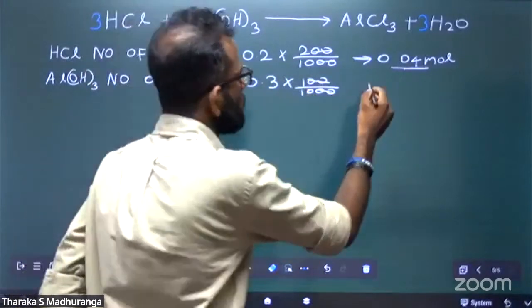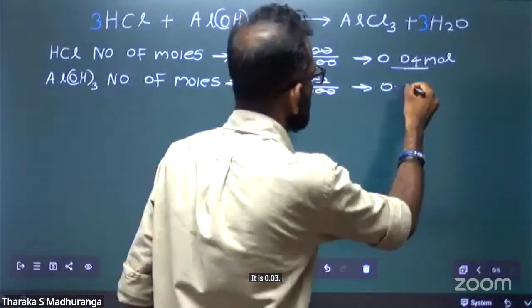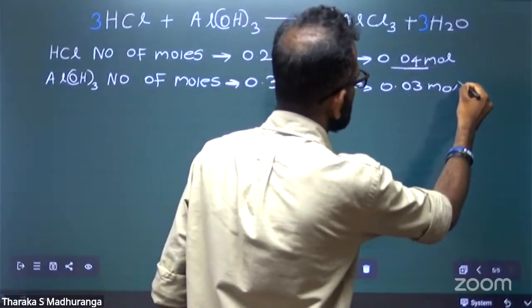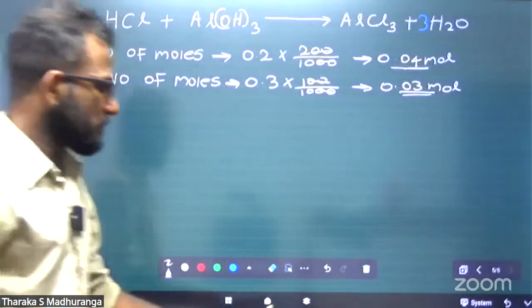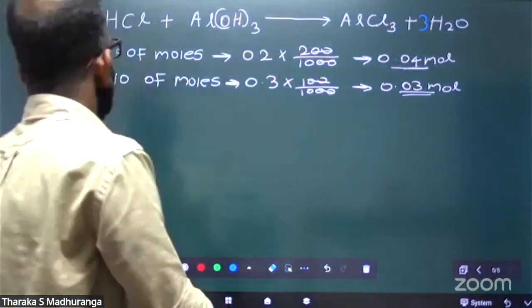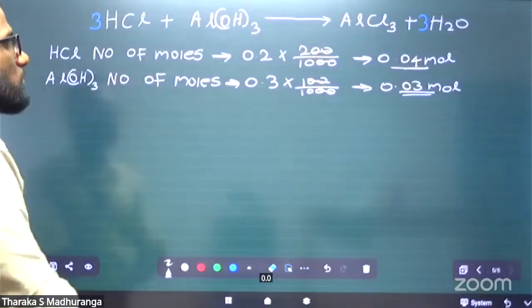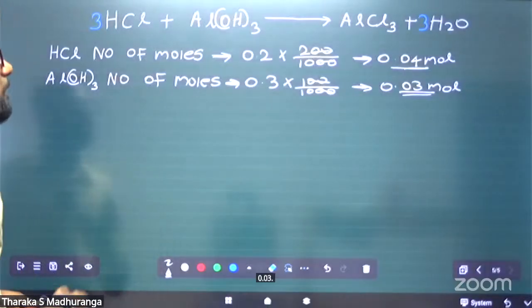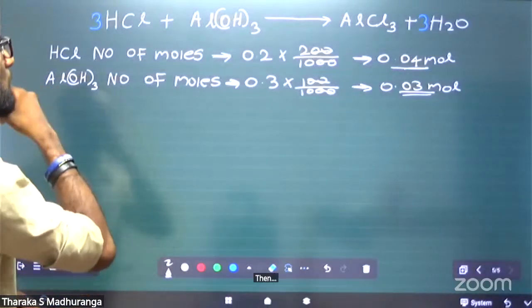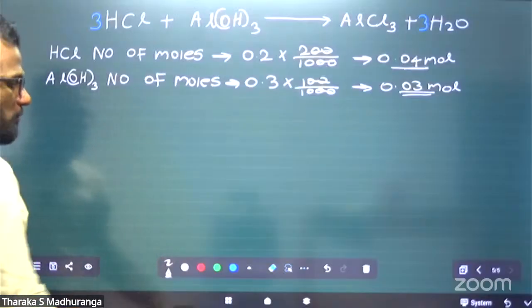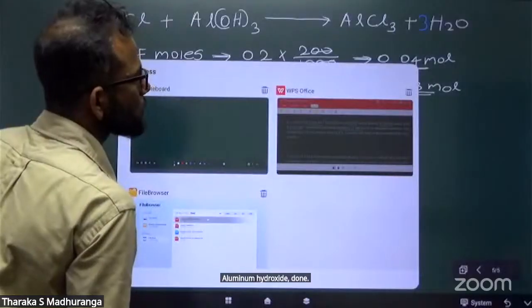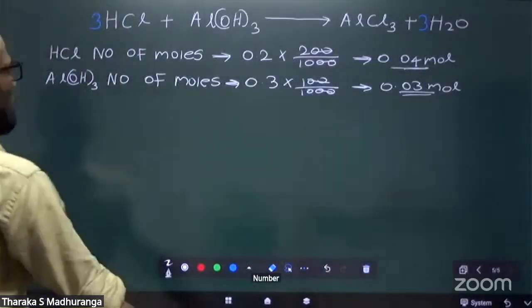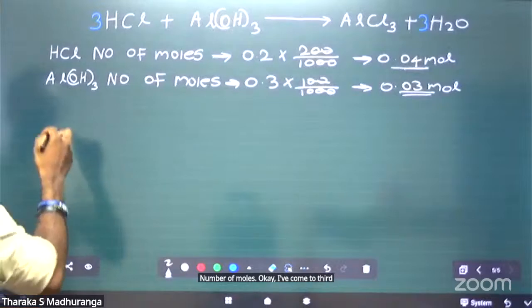It is 0.03. Then aluminium hydroxide number of moles is done.